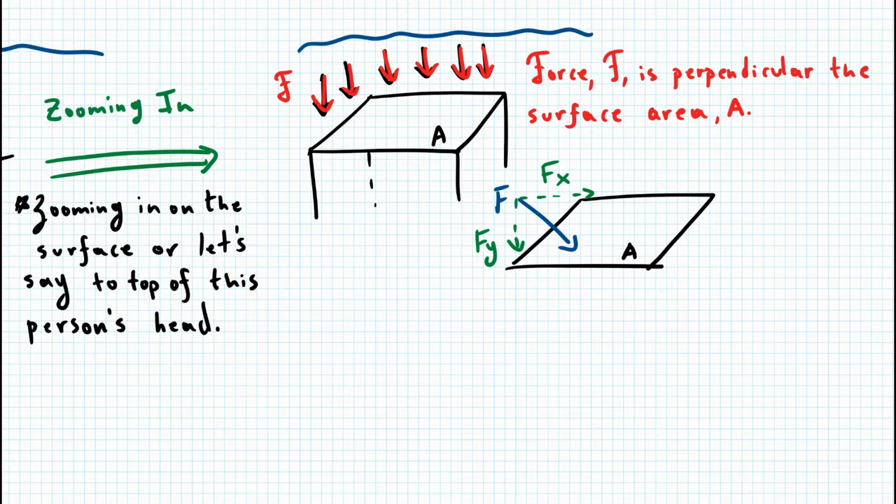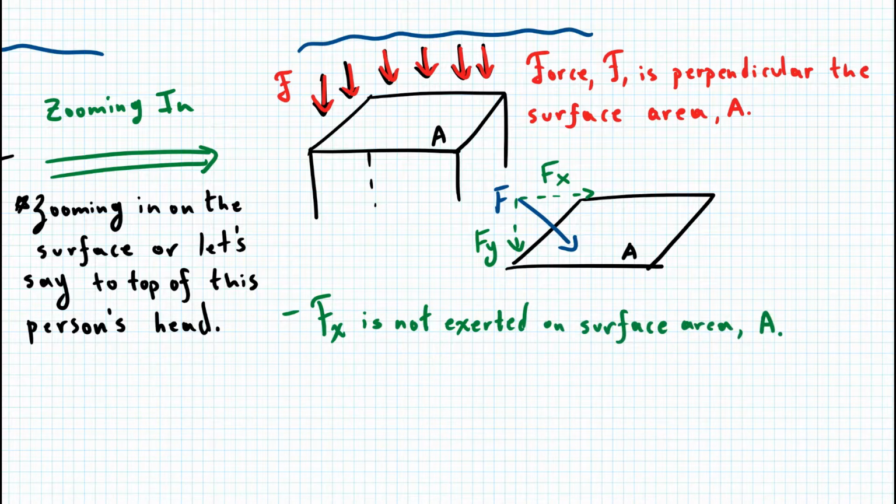Looking at this, we see that Fx is parallel to the surface area A. Therefore, it is not being exerted on the surface area A. Meanwhile, Fy is directly perpendicular to surface area A. Hence, this is the component of the force that's exerted on surface area A.